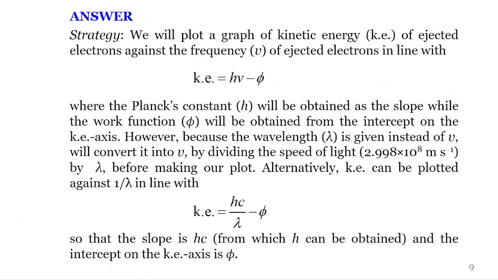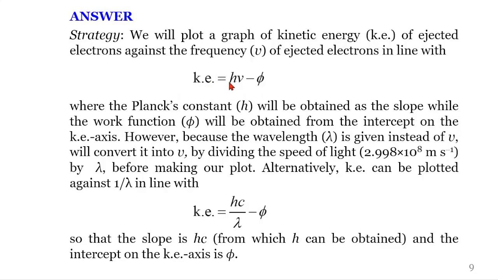This problem can be solved by plotting a graph, and we can plot the graph in 2 ways. The first way involves plotting the kinetic energy of ejected electrons against the frequency of ejected electrons, and this is in line with this mathematical formula.